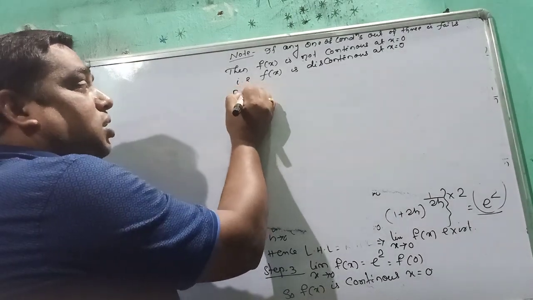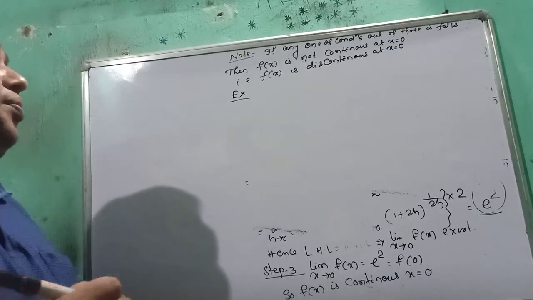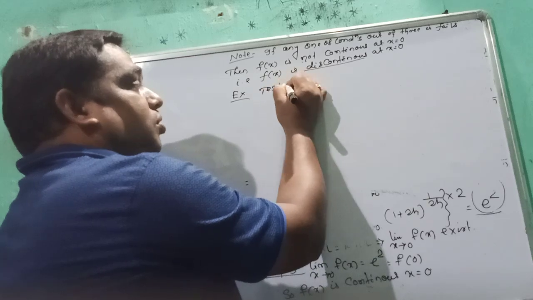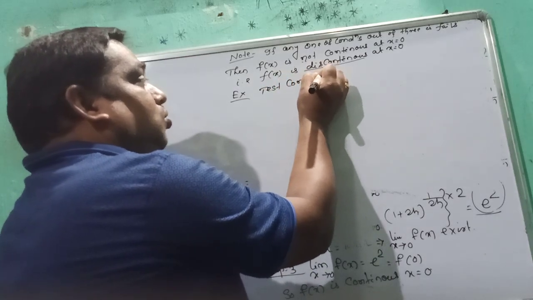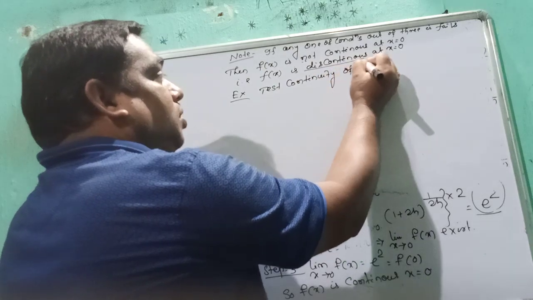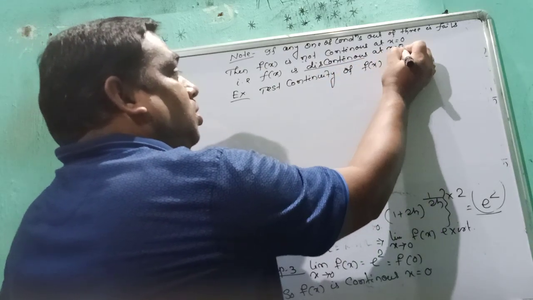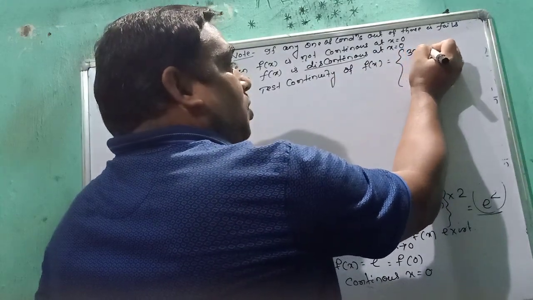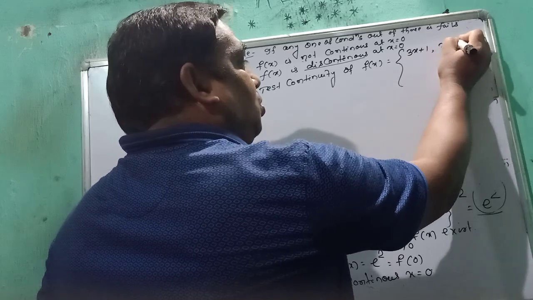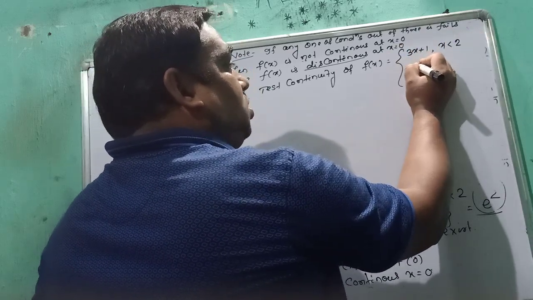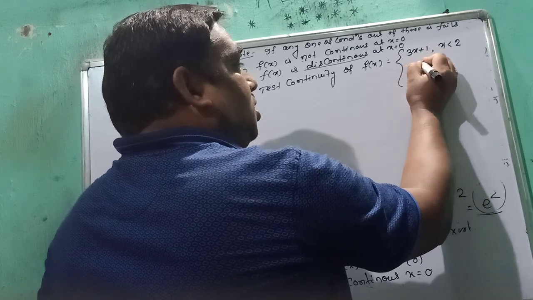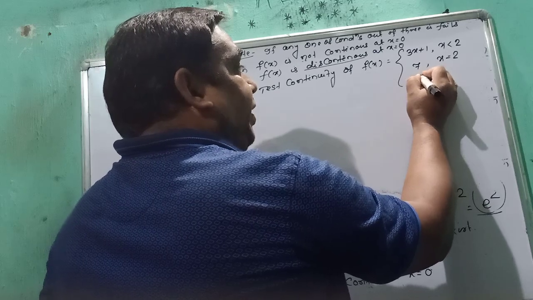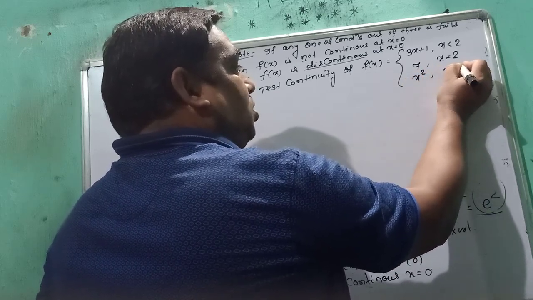Now we have to take another example, for a discontinuous function. Test the continuity of f(x) given by 3x plus 1 if x is less than 2, its value is 7 if x is equal to 2, and its value is x square if x is greater than 2.